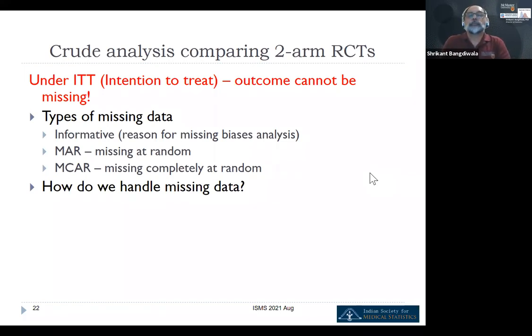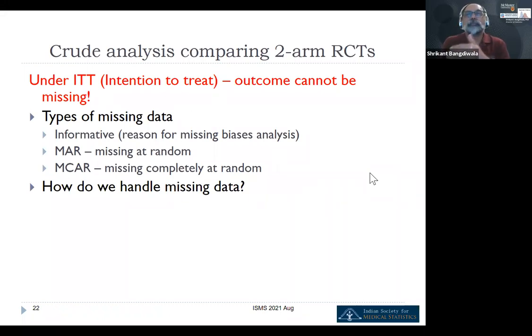One of those major potential problems, and I'll say that again because it's important, is that the outcome variable is missing. So it is of the utmost importance that when you are designing the study, you make it in such a way that it is not easy to miss the outcome. So you make it easy to obtain the outcome.